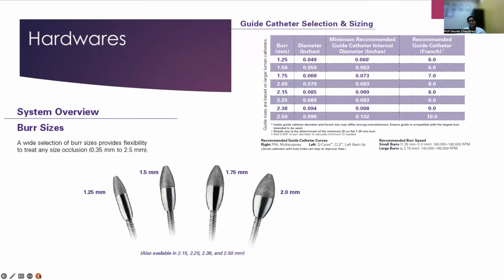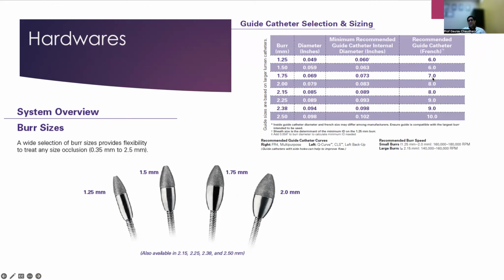So these are the various sizes of the burr. The most commonly used are 1.25, 1.5, and sometimes 1.75 or 2 millimeter. The most important thing is that up to a 1.75 millimeter burr, we can use a 7 French guide, and for most cases, the 1.25 and 1.5 burr can be used in a 6 French guide.